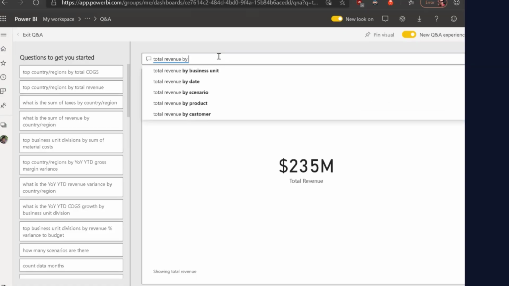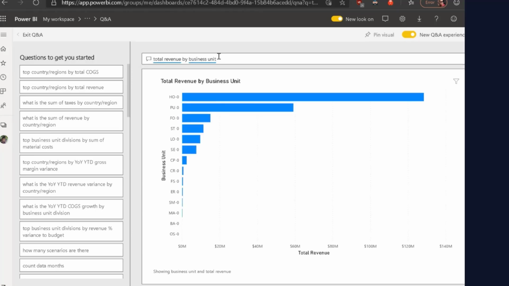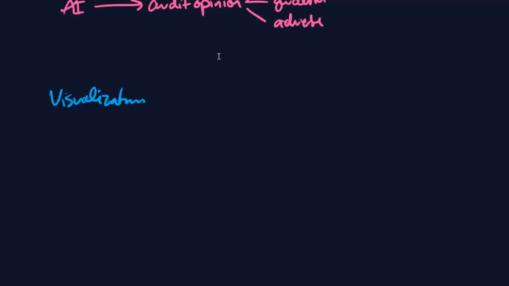Total revenue by business unit. And so I can slice and dice this and create interesting things to get down to the different values that I'm looking for. All right, so visualizations. We're going to come back to those in our lab on Wednesday.